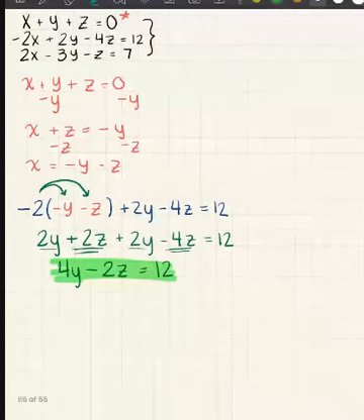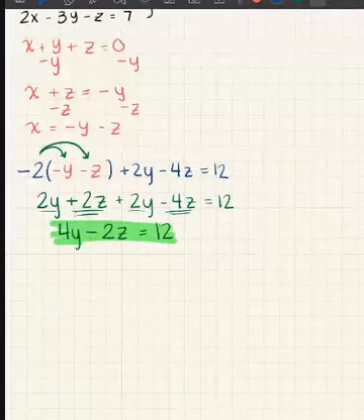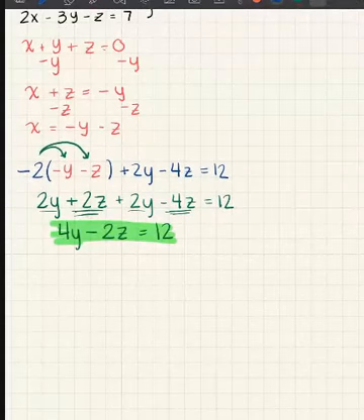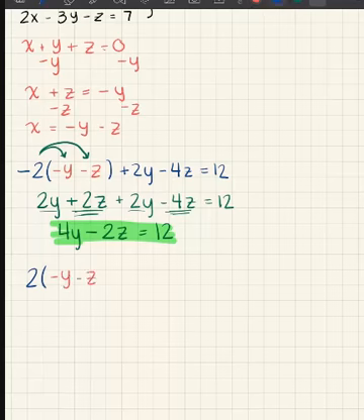So we can go back and do that same exact thing with the third equation this time. We're going to plug in all of that stuff for x down here, negative y minus z, minus 3y minus z equals 7.